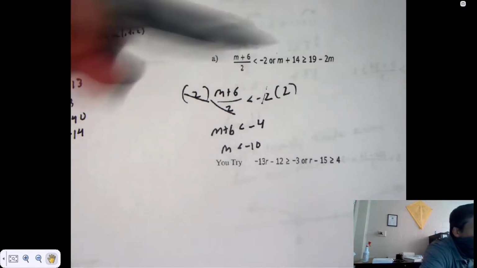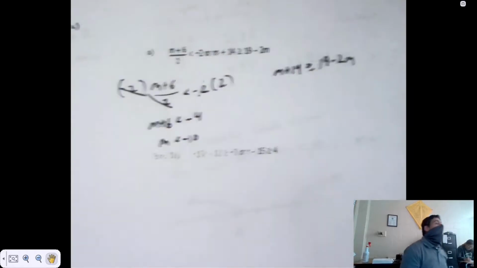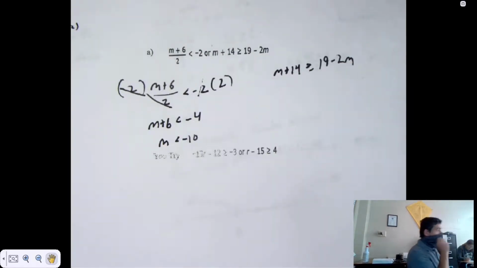This one's easier. M plus 14 is greater than or equal to 19 minus twice m. And it's m's on one side, numbers on the other. That's all it is. You can shift your m's to whatever side you want. What side do you want to shift your m's to? Left. So that guy's coming over here.